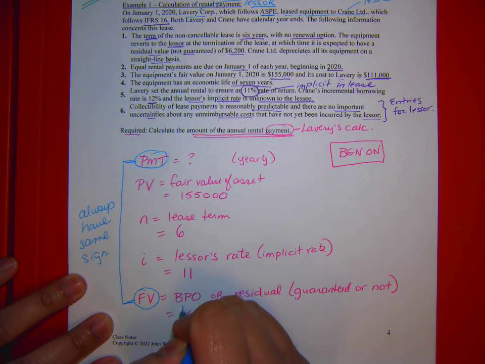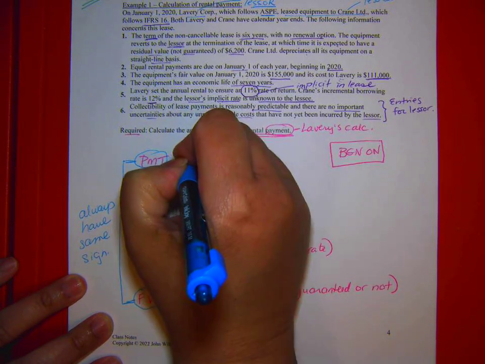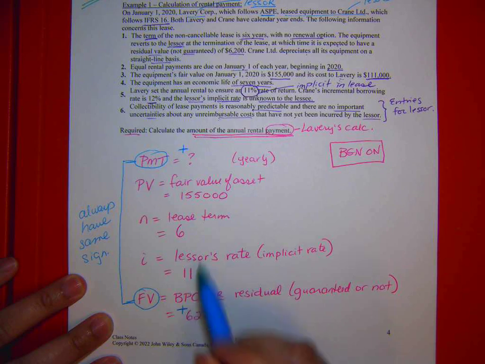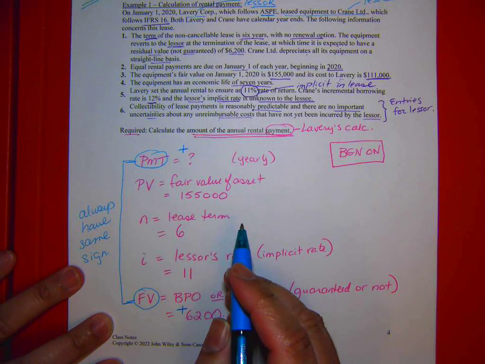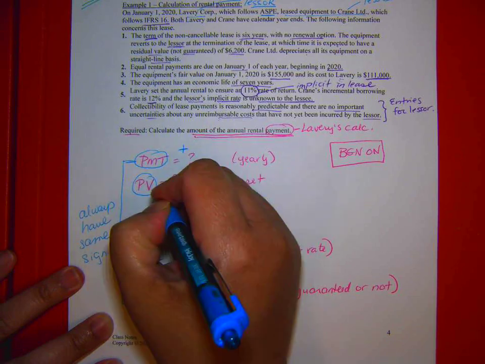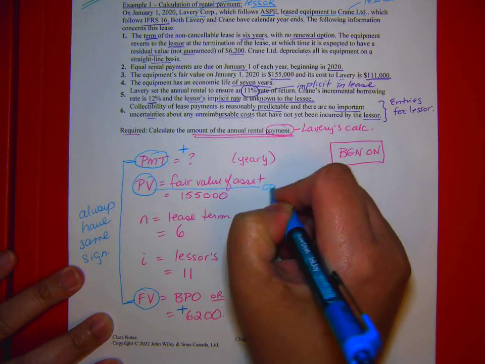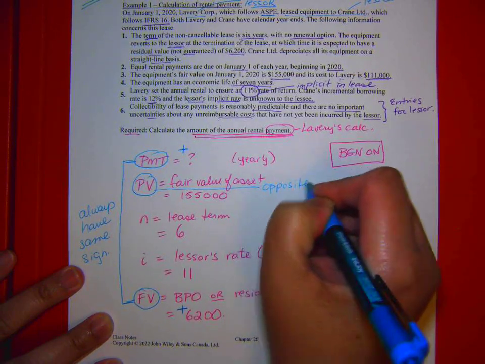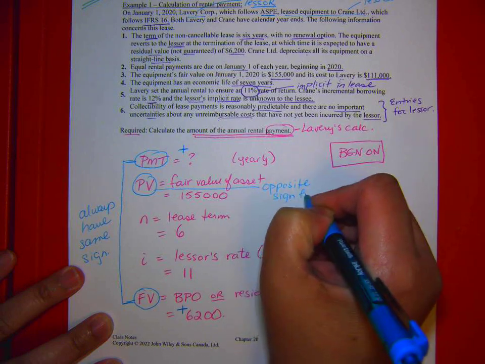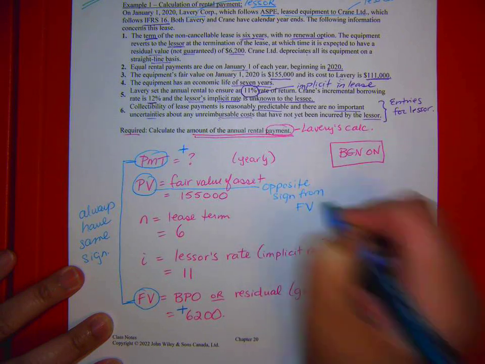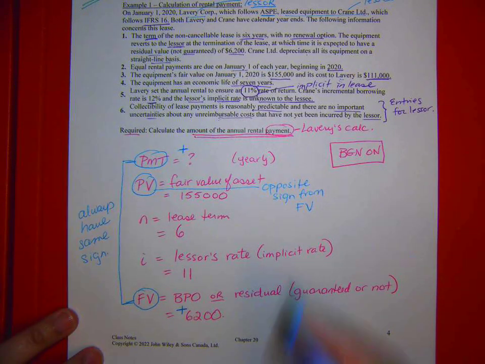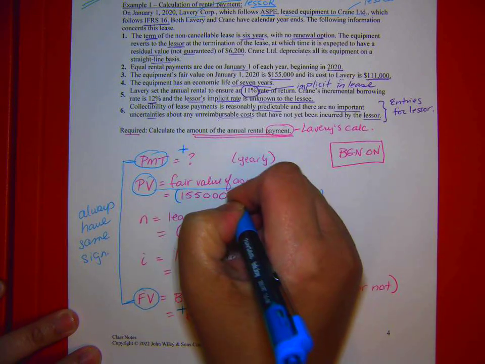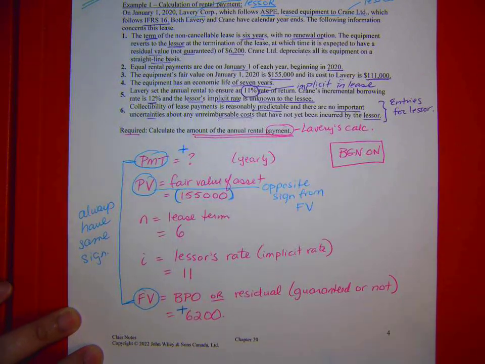So if I make this positive, this will come positive, and that means this has to be the opposite sign. So this has to be opposite sign from future value, because the cash is going different ways. So that means it has to be negative.